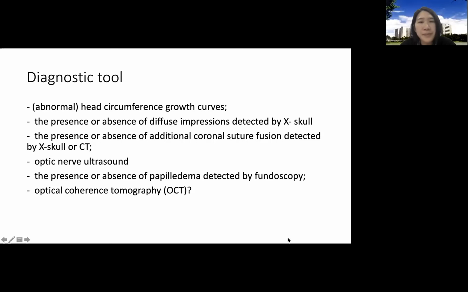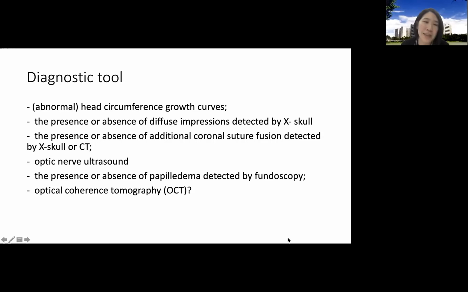As you can see from the slide, for the optic nerve ultrasound, they found the evidence shows only 11 sensitivity. We have a pediatrician who can do the optic nerve ultrasound to measure the optic sheath thickness.